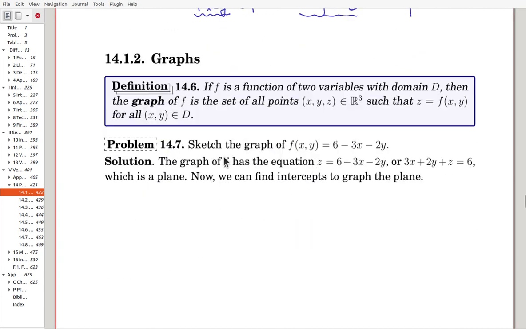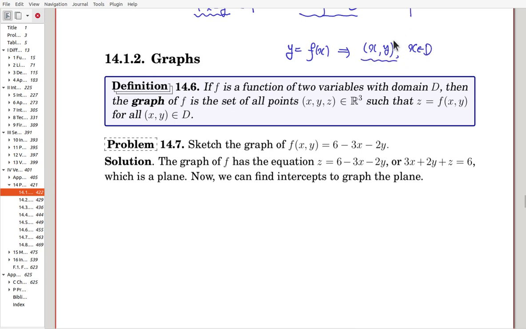If f is a function of two variables with a domain D, then the graph of f is the set of all points (x, y, z) such that z is f of (x, y) for all (x, y) in D. For the standard function you learned from Calculus 1, the graph is the collection of (x, f(x)), where x is inside of D. Right?